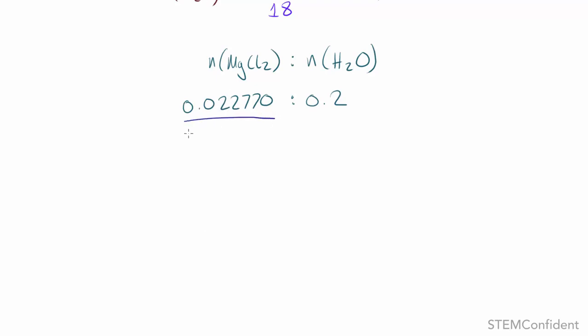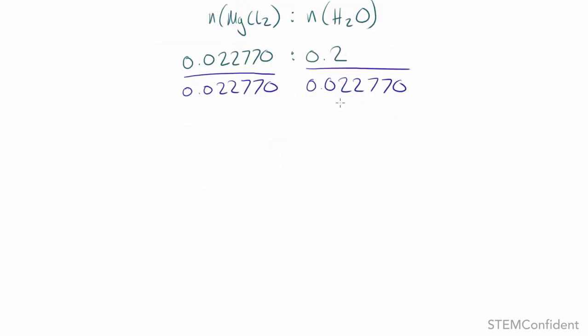So I'm going to divide that by 0.022770. And because I've done that on this side, and because it is a ratio, what I've done on this side, I do need to do on the other side. So the 0.2, I'm also going to divide by 0.022770.